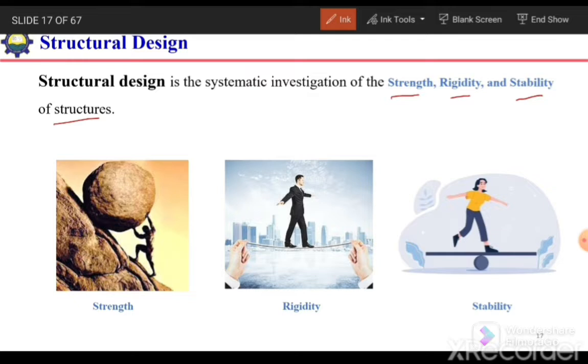Whether the structure is capable to resist the applied load, and we also check whether our structure is rigid enough to limit the deflections within the allowable limit. We also check the stability, whether this structure is stable under the application of load.